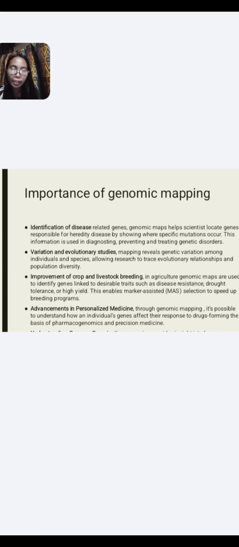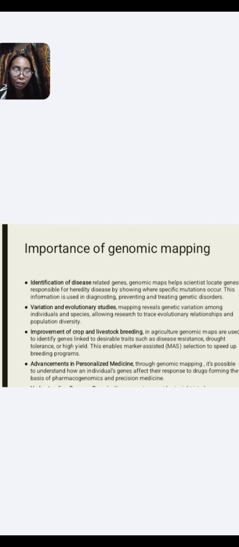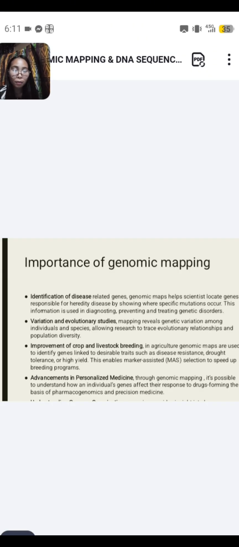Then the fourth one is advancement in personalized medicine. Through genomic mapping it is possible to understand how individual genes affect their response to drugs.